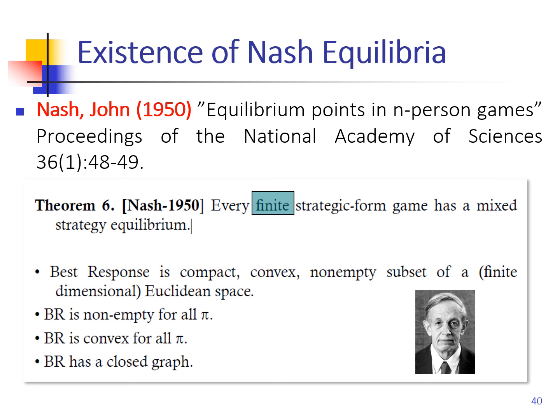One of them is that the best response is a compact, convex, non-empty subset of a Euclidean space. The best response is non-empty for all strategy profiles, it's convex, and it has a closed graph. These are essentially needed when you want to prove the uniqueness of a Nash equilibrium. But of course, these are sufficient conditions, not necessary. All right.